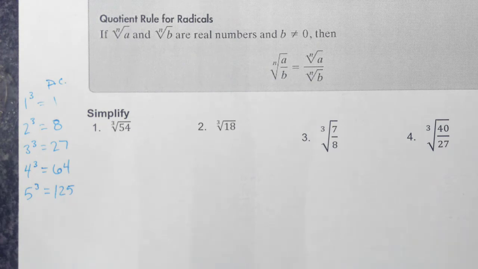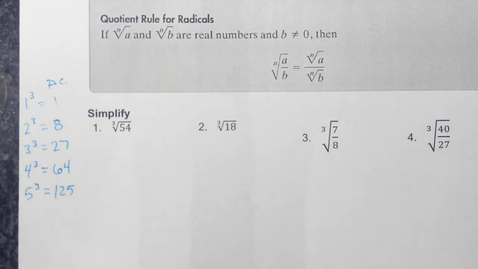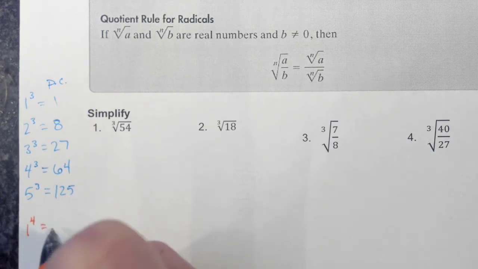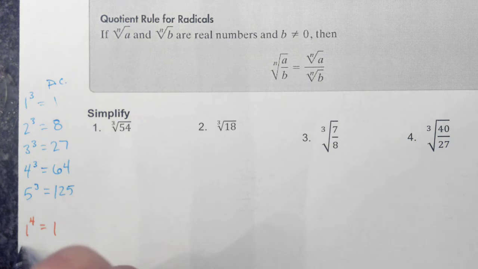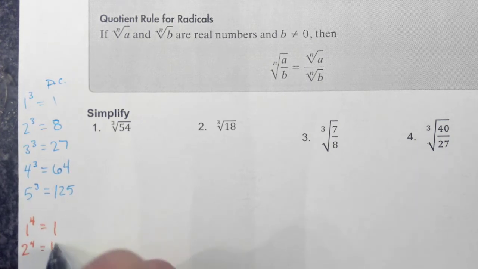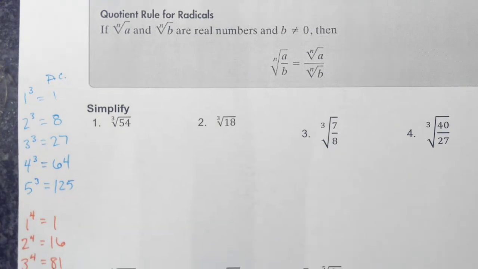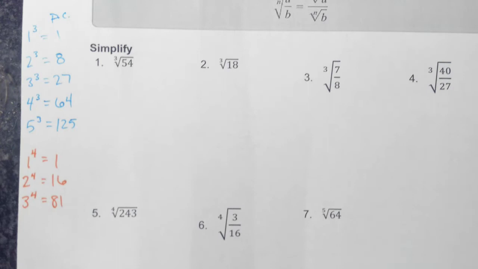And then for perfect fourths and perfect fifths, you don't really need to know many of them. Maybe 1 through 3, or maybe even just 1 to 2. So 1 to the 4th is still 1. 2 to the 4th is 16. 3 to the 4th is 81. And that's probably the only ones that I would know for the fourths.